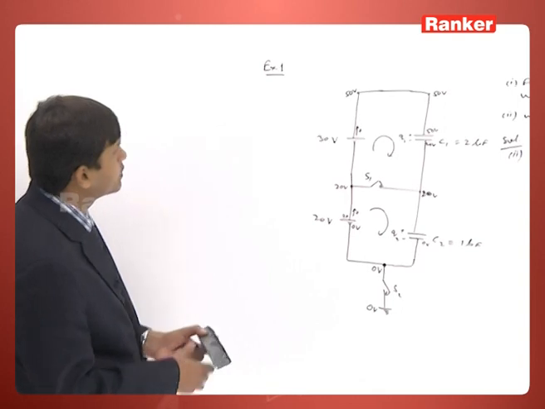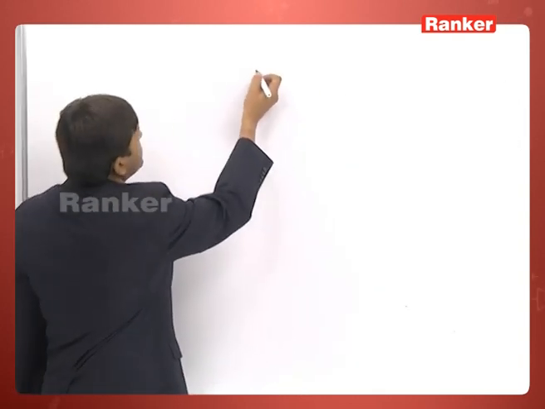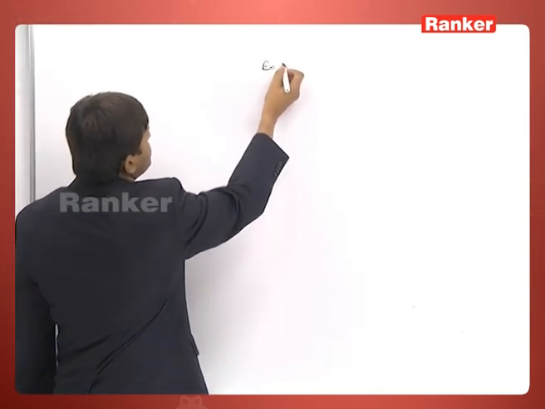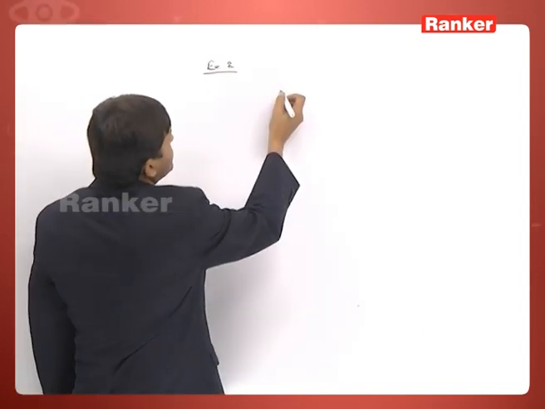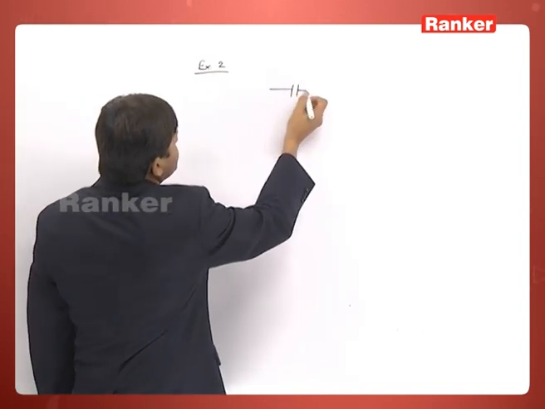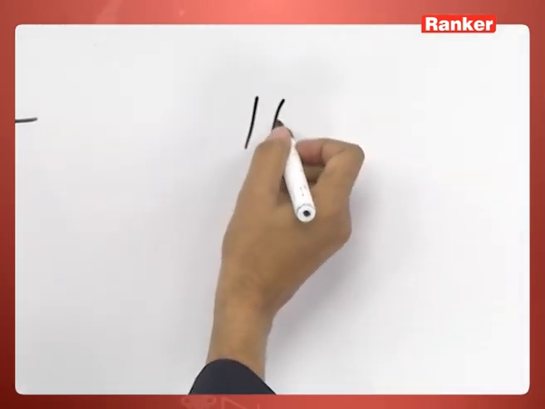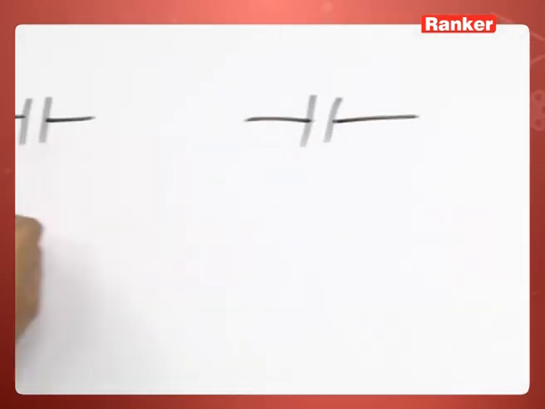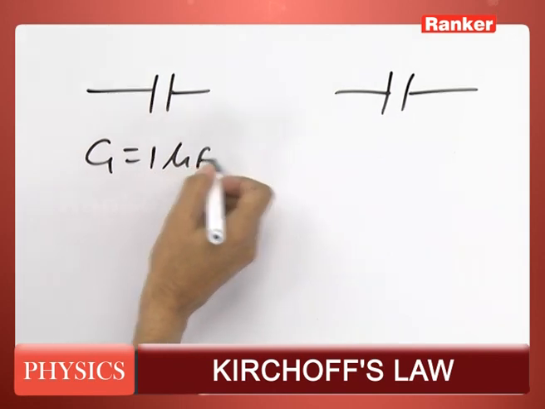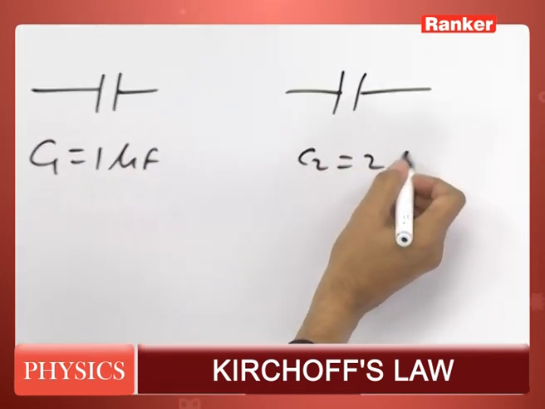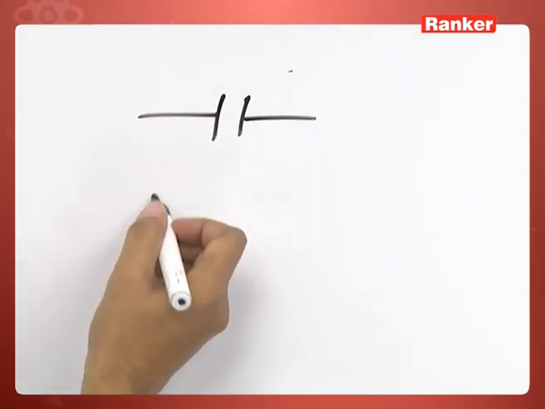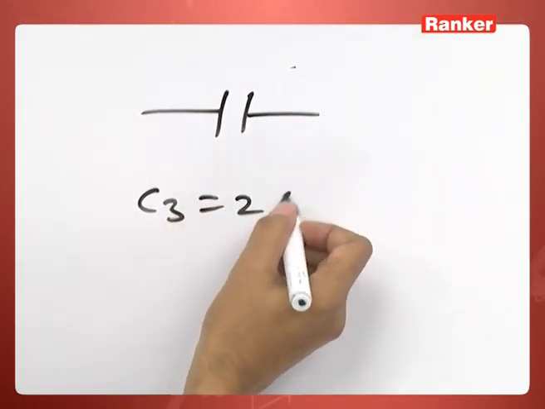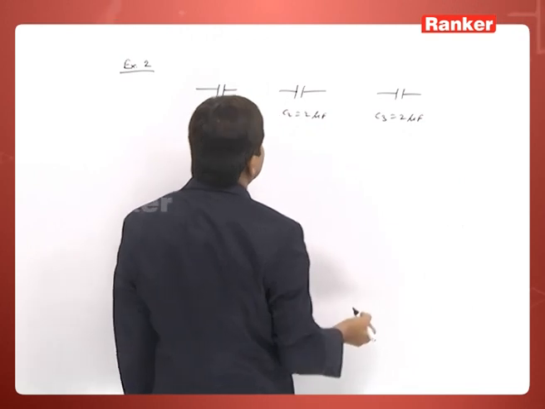See another example, example 2. Now see another example. These are the 3 capacitors. C1 is 1 microfarad, C2 is 2 microfarad, and this is another, C3, also let it be 2 microfarad.